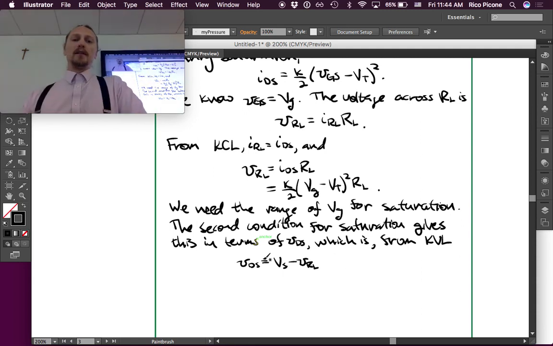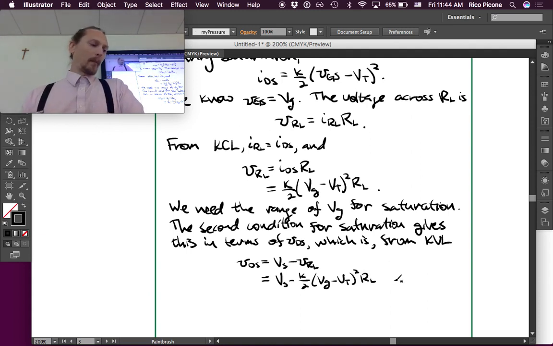We know what this load voltage is. We've already solved for it. So VS minus K over 2 times VG minus VT squared times RL.